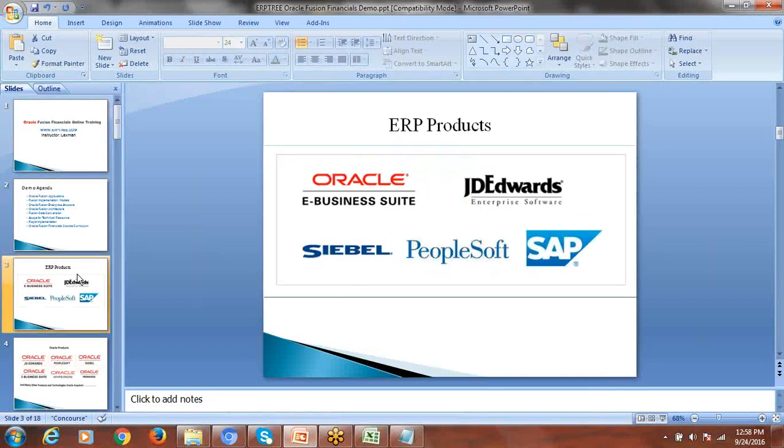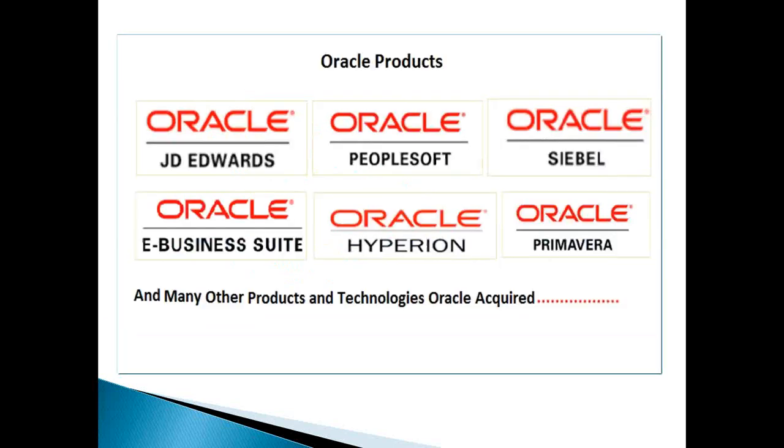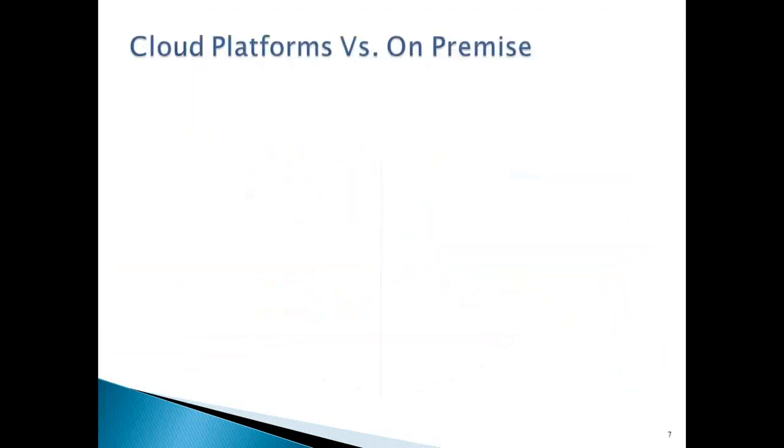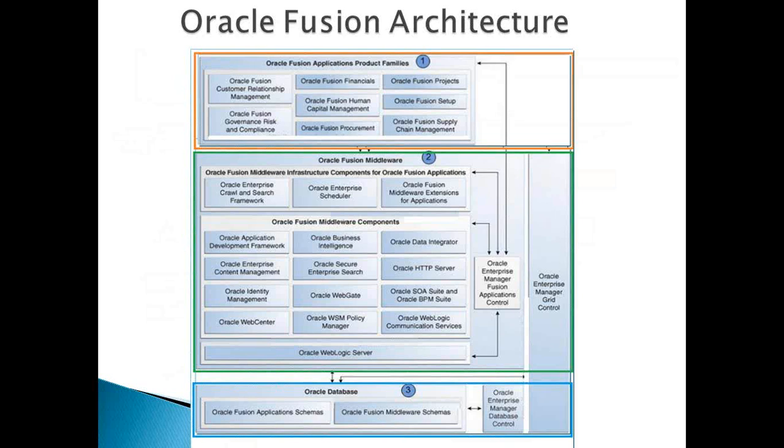So here I have given one simple slide. Just quickly we'll go through it. To simplify your understanding, I have taken just those points that I discussed. But if you want to go into detail, this would be the Fusion architecture, where on the top we have the Oracle Fusion application product families: Oracle Fusion Financials, Oracle Fusion Human Capital Management (HCM), Oracle Fusion Procurement, or Oracle Fusion Projects, and so on.